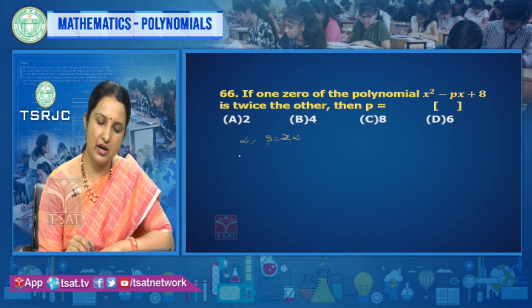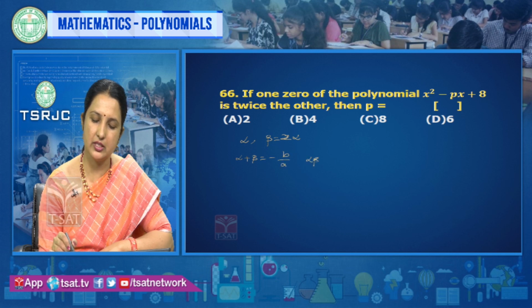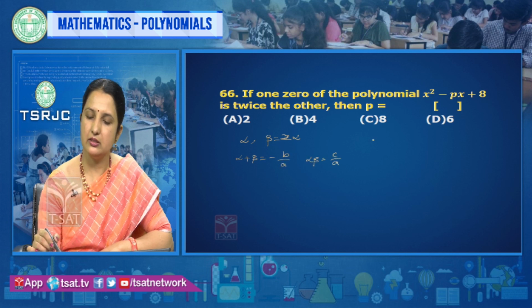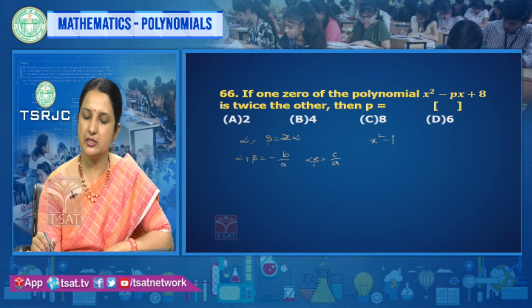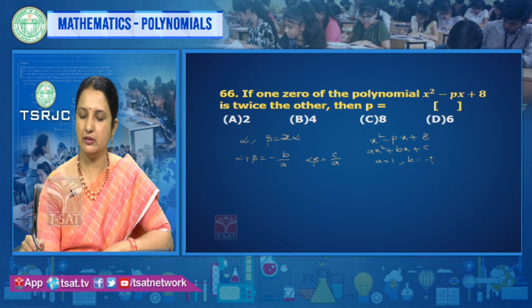So, the sum of the zeros equals minus b by a, and the product of the zeros equals c by a. So, take this x square minus px plus 8, compare this with ax square plus bx plus c. What will you get? A equals 1, b equals minus p and c equals 8.